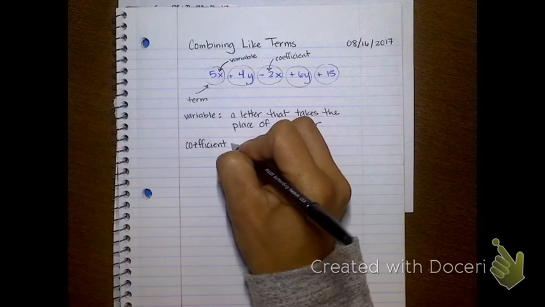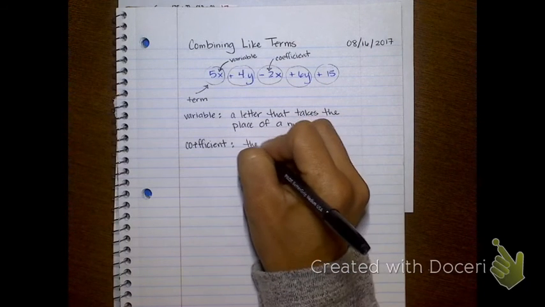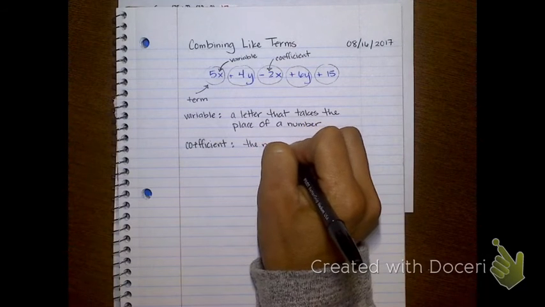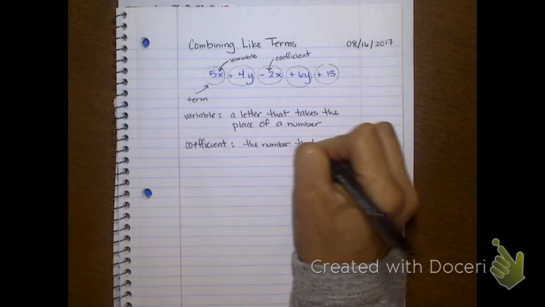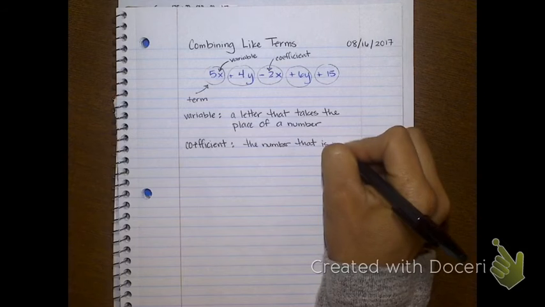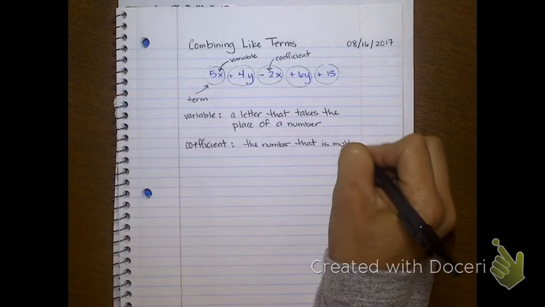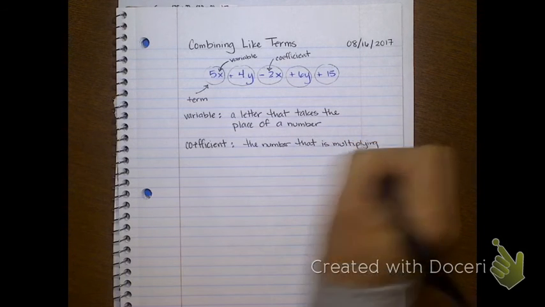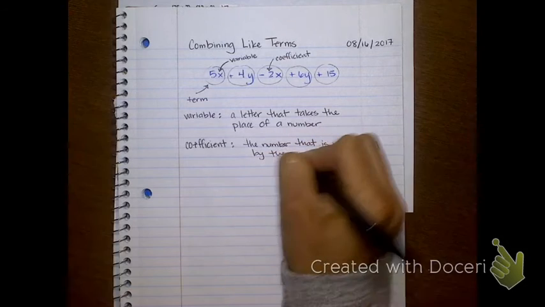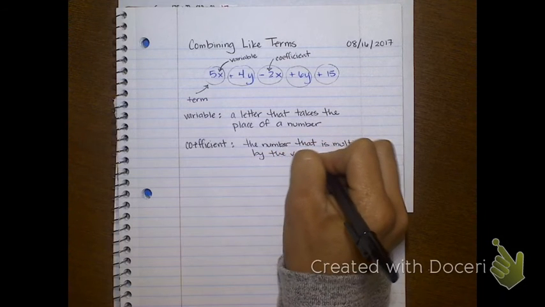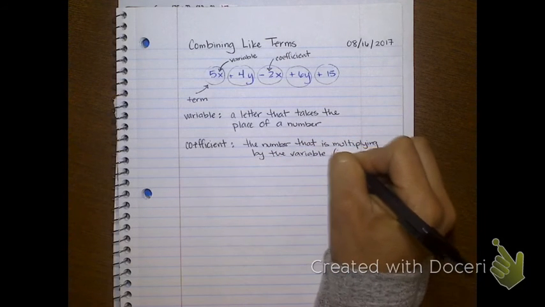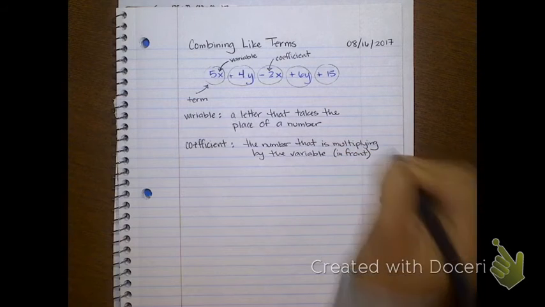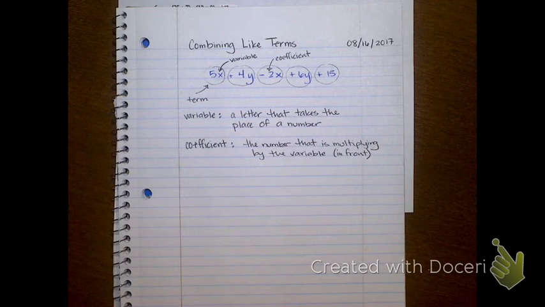Okay, so the coefficient is the number that is multiplying by the variable. Okay, it's usually in front of the variable. Every now and then, if it's a fractional number, it'll be underneath the variable. But most of the time, if it's non-fractional, it's in front.